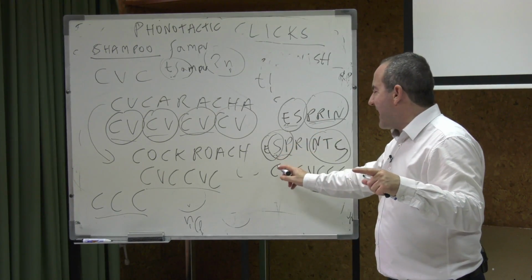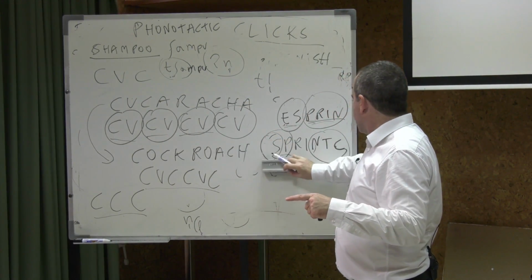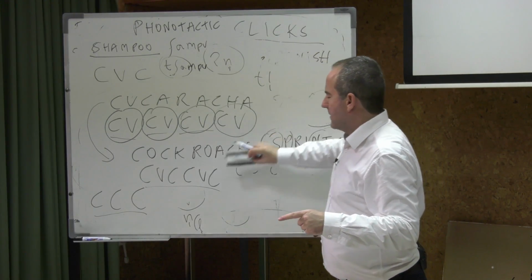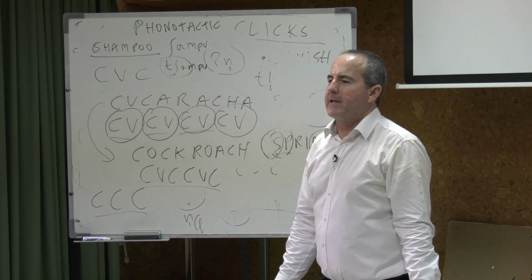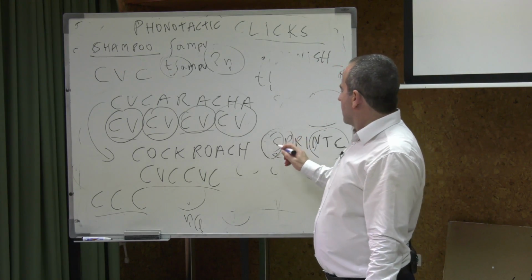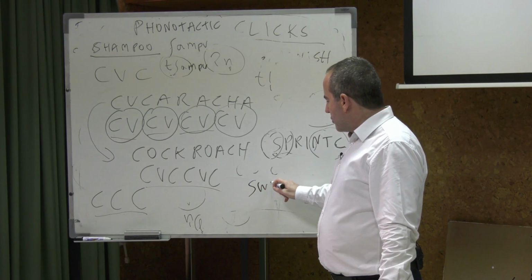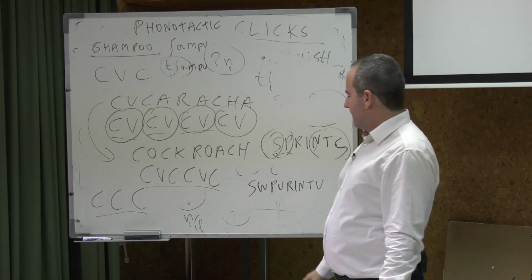Now, what happened when they borrowed this same word into Chinese, sorry, not Chinese, into Japanese? You know how to say sprints in Japanese? They don't say it like Spanish, they say su-pu-rin-to.